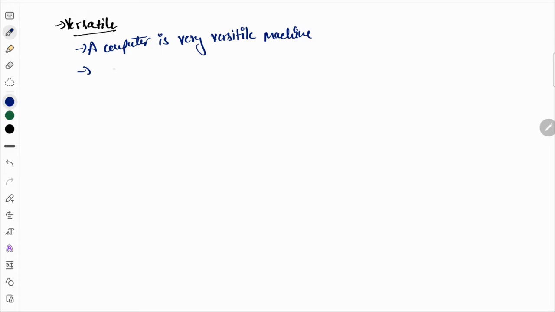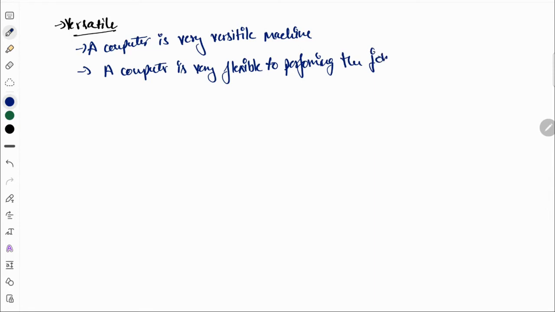A computer is very flexible in performing the job to be done.